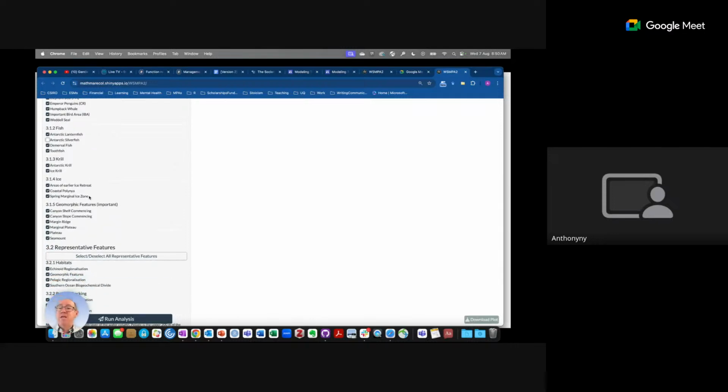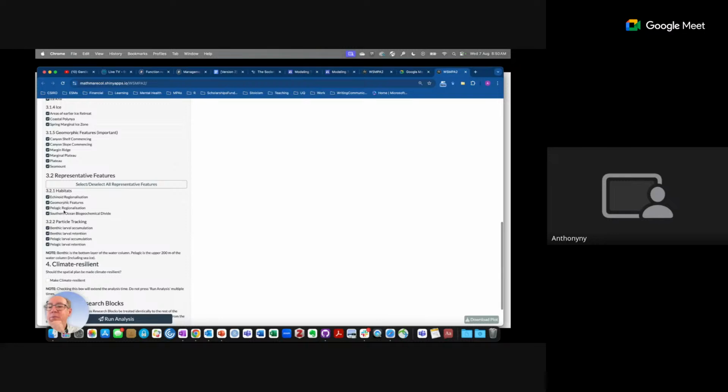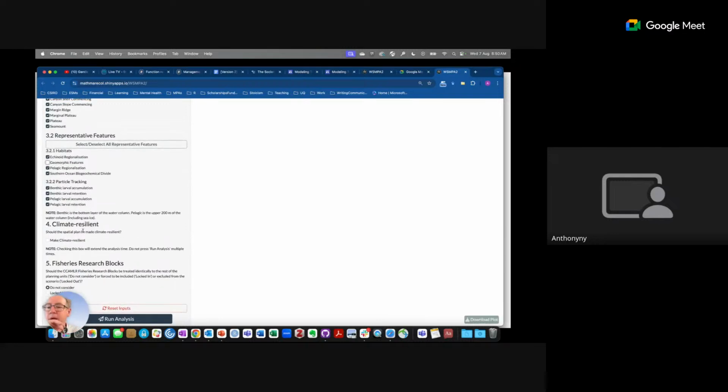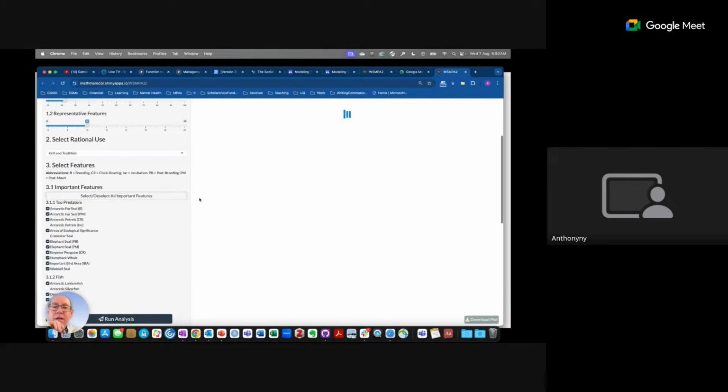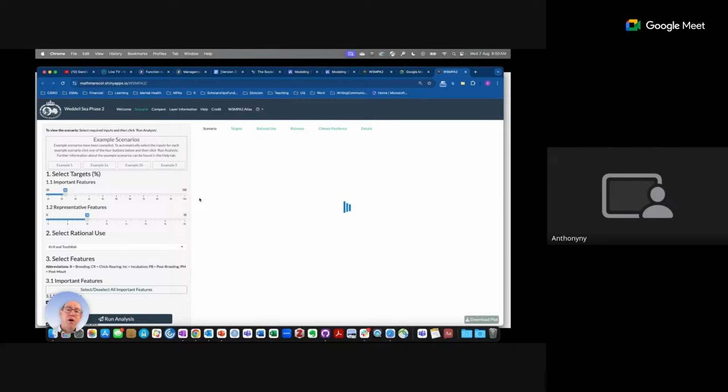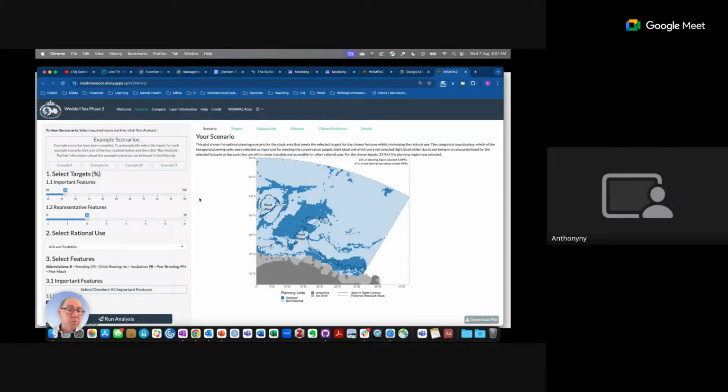If we untick them, then they won't be included in the planning problem, the optimization, and we can turn on different representative features. We could make it climate resilient, which I won't do here, but we can run the analysis and it will run in real time. If you do this in Marxan, as we did previously, it would take 10 or 20 minutes.